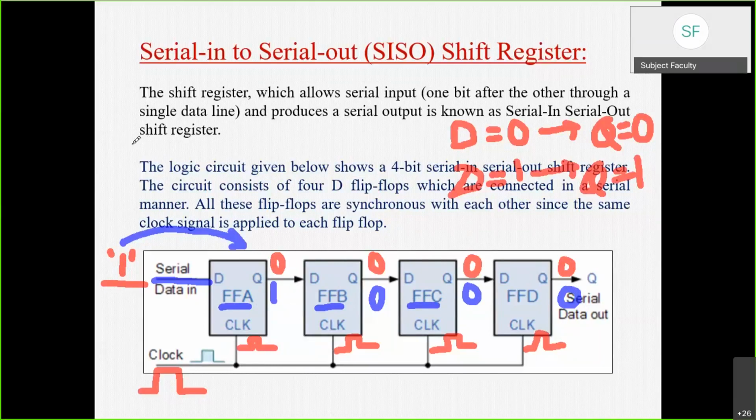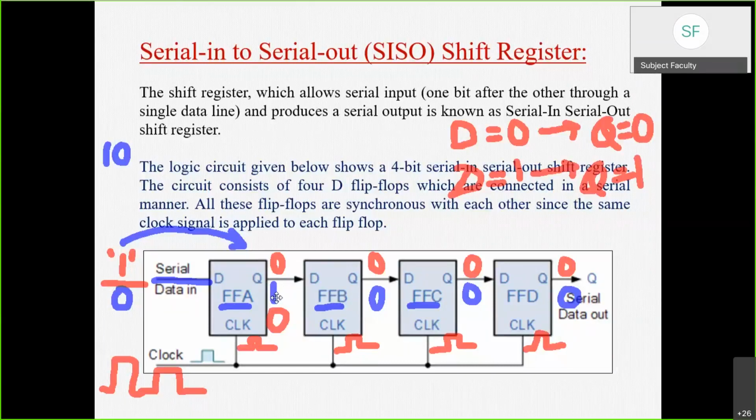Now suppose after this 1, I am transmitting 0. So now my input is 0 here, a 0 bit. At the arrival of the second clock, now what is the input to flip-flop A? It is 0. So I am getting 0. But now what is the flip-flop B input? It was 1.